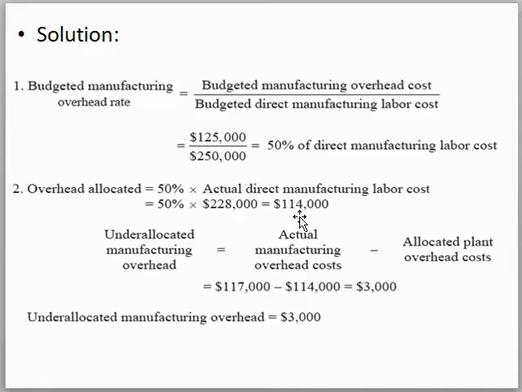We compare this with the actual overhead cost of 117,000. The allocated overhead is less than the actual by 3,000, so there is an under allocation of $3,000.